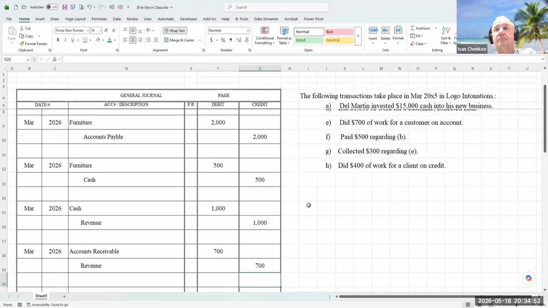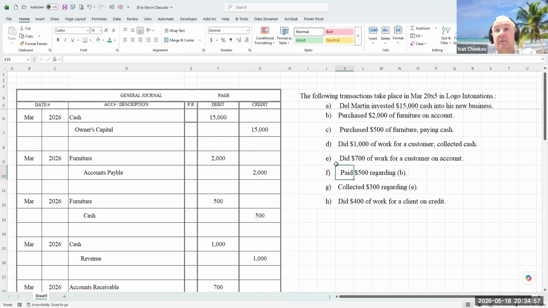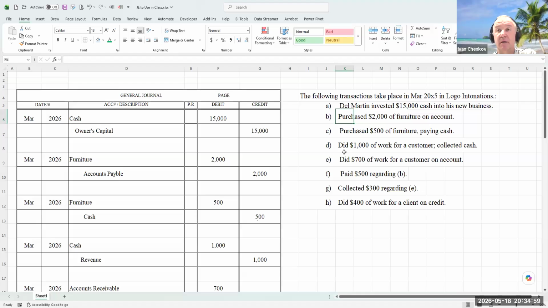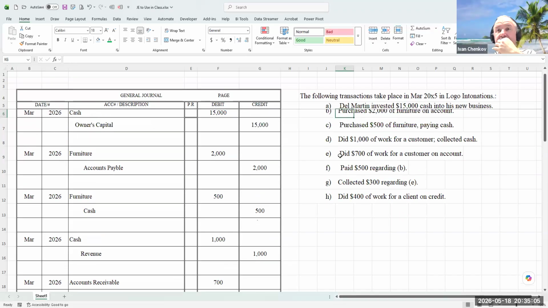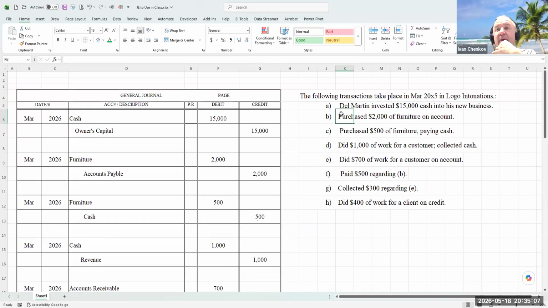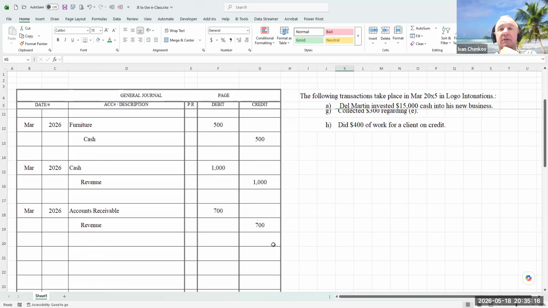Next one. The next one, we paid for what we purchased in letter B. But we paid only 500. Did we pay there for the entire purchase? No, we just paid 500. Let's pay $500.